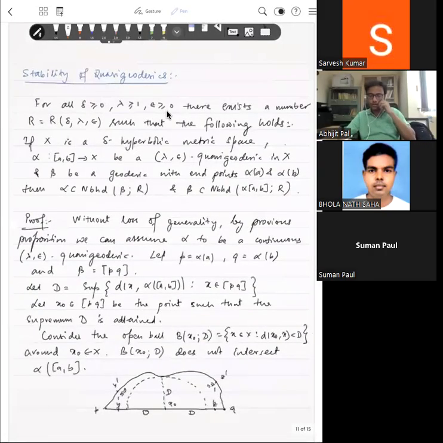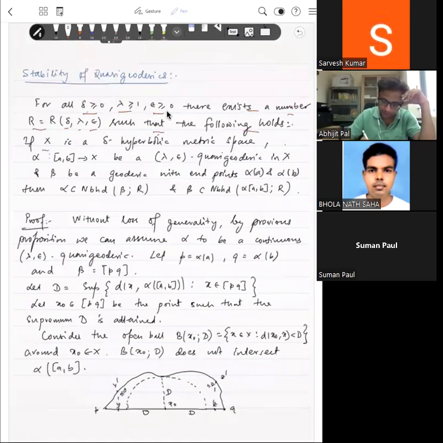Okay, so now let us move to the statement of the stability of quasi-geodesics. Okay, so it says the following. For all delta greater than or equal to 0, lambda greater than or equal to 1, epsilon greater than or equal to 0, there exists a number R depending on this delta, lambda, and epsilon such that the following holds.